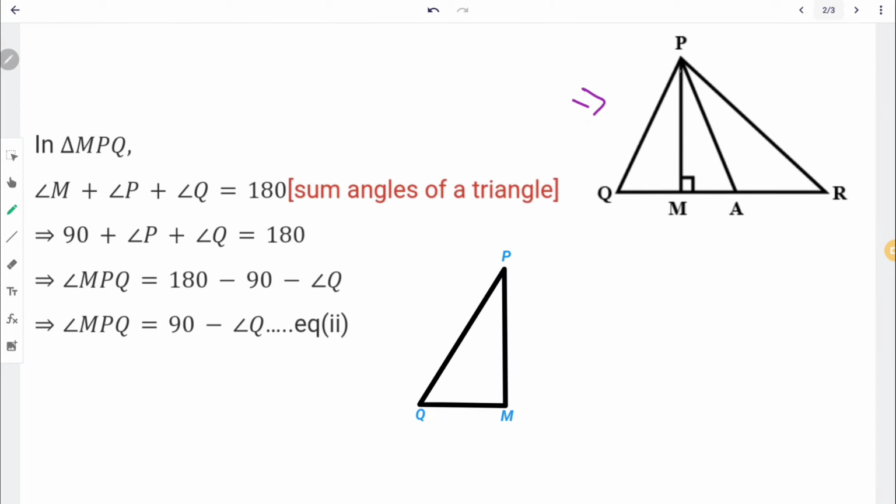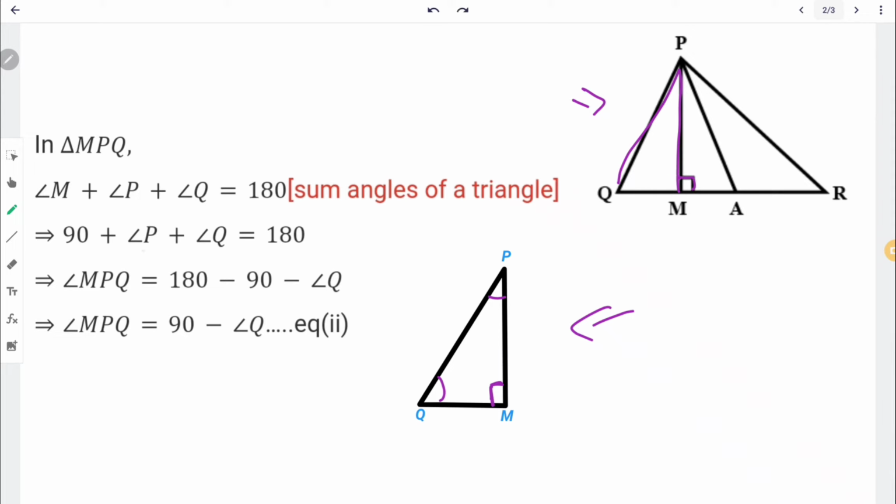All right, now let's go to the next, and from here again let us look at triangle MPQ. So MPQ means this part, which I've drawn for us here. And remember, they said perpendicular, so this is 90 degrees. From here we'll try to find angle P. Then can I write it as angle M plus angle P plus angle Q is equal to 180 degrees? We can write the sum of angles of a triangle, and you can already see angle M is 90 degrees. If this side is 90, even this side is 90 degrees.